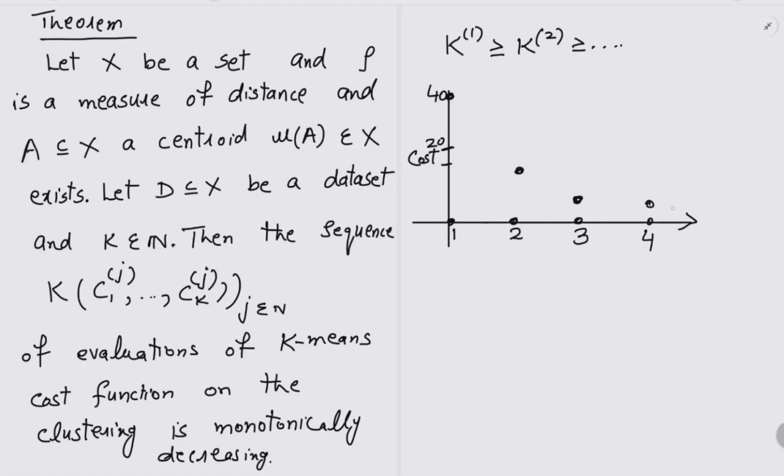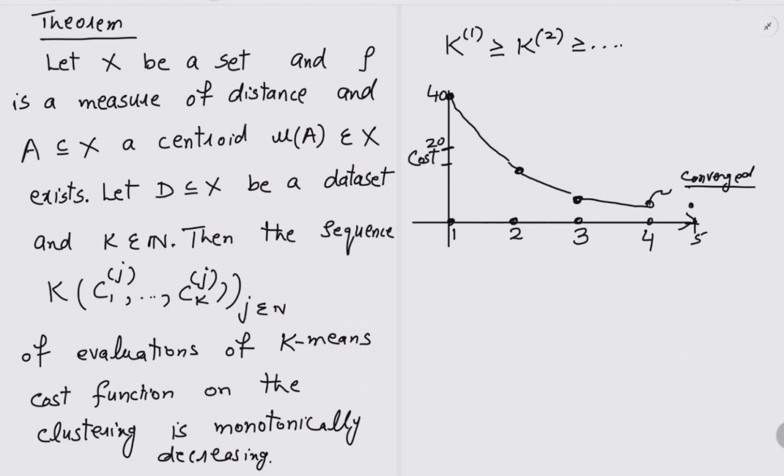When you join them together, this is called monotonically decreasing. So the cost never goes up, it stays the same or actually goes down. And if we have a fifth value, this is the converged value, and here you get the optimal clustering.